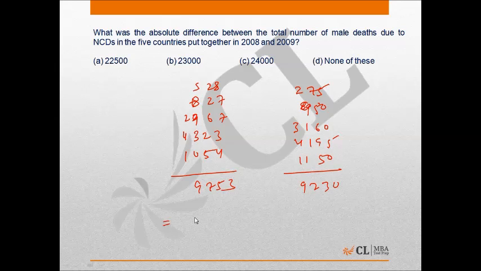So the required difference will be 1000 times, because all figures are given in 1000, (9753 minus 9730). This translates into 23,000. Therefore option B is the correct answer.